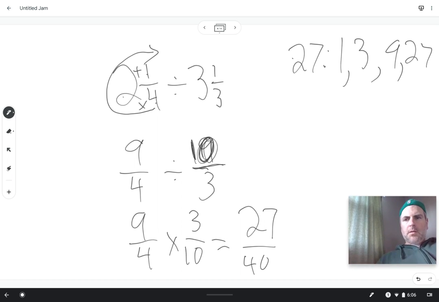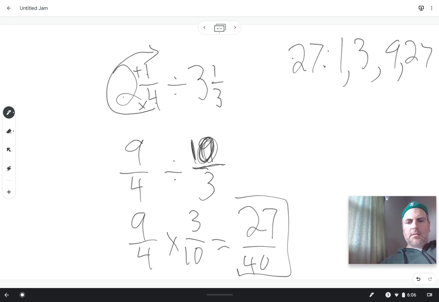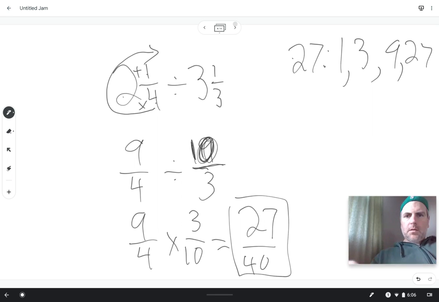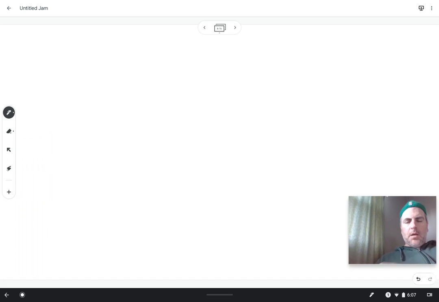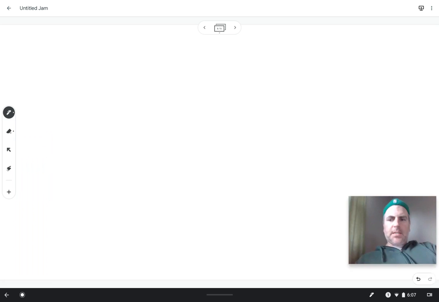Are any of these factors of 40? No. So this is our final answer, 27/40. Cool. Little advanced work here. Anyway, I think this way makes the most sense.